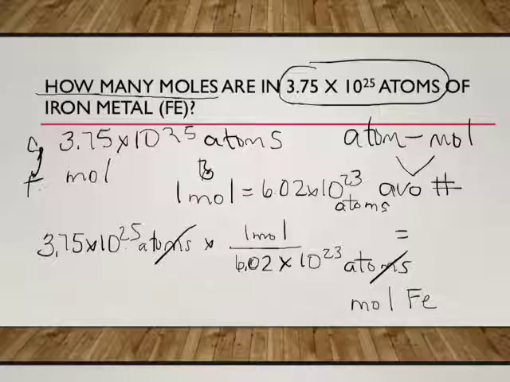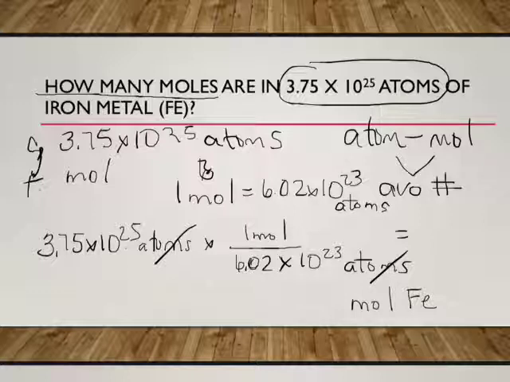We know that in 1 mole of anything there's times 10 to the 23, so we should have some answer that is greater than 1 mole. This is just a way for you to look at your problems and feel confident about the answers you are deriving. So it's always good to examine your data and make some inferences about what you believe the outcome might be, based on things that you know about numbers.